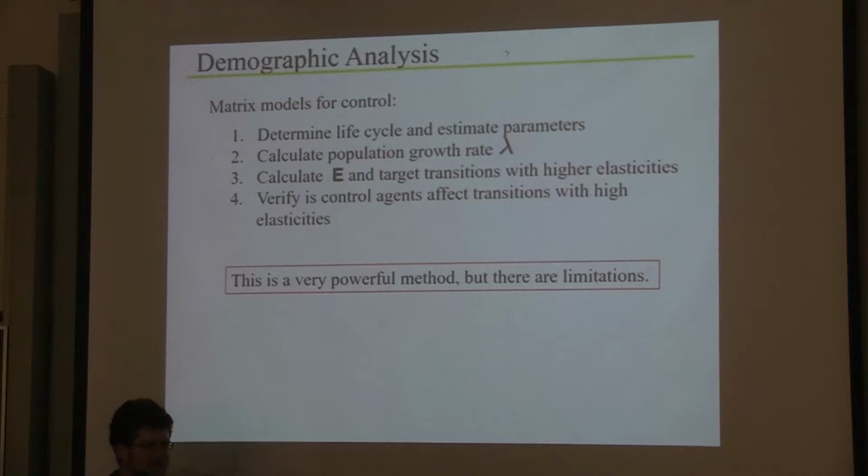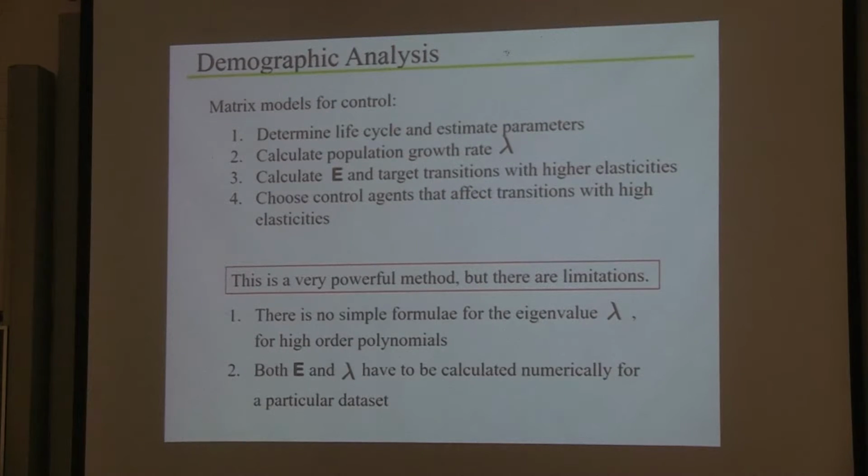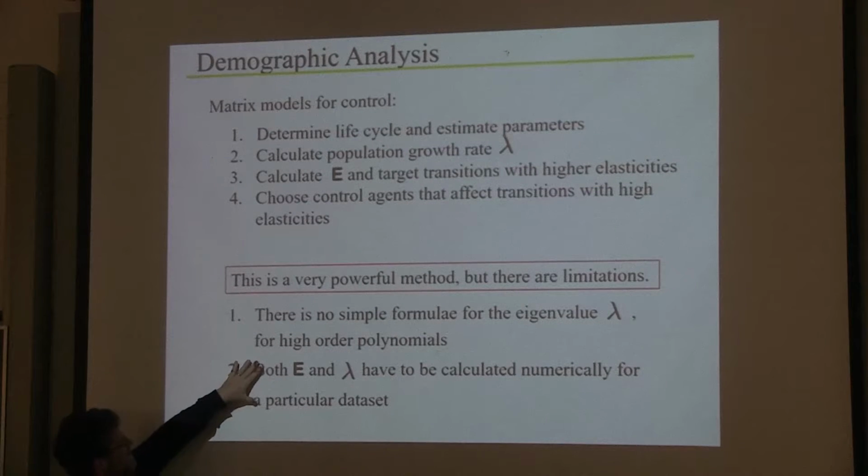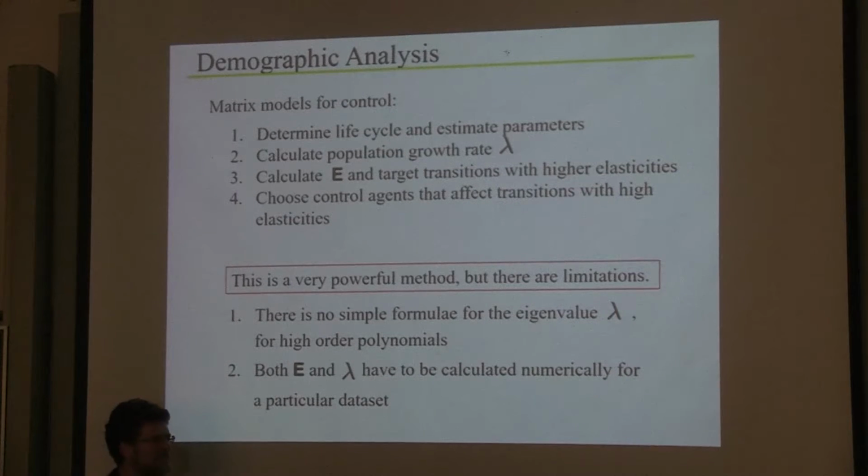What I like about some of these epidemiological models is you gain this beautiful insight by looking at R naught that tells you about how each of these factors that go into the model are affecting the outcome. So this is a key feature: unless you have a quadratic, you don't really want to write down a formula for lambda, okay? And if it's quintic or higher, you have no chance. And you have to calculate things numerically, and you don't gain this new insight.